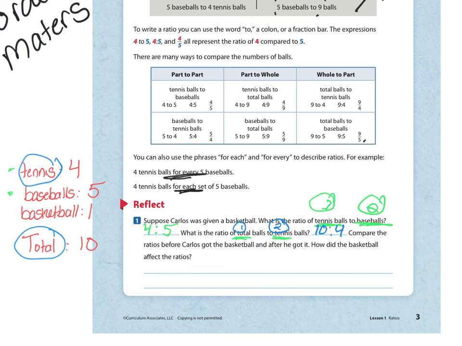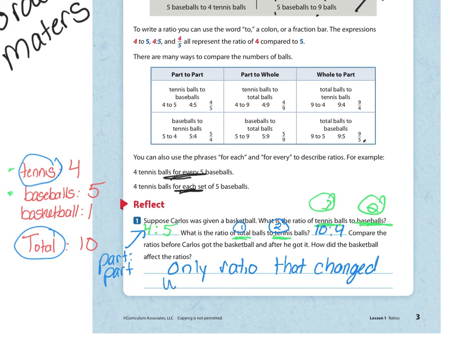Compare the ratios before Carlos got the basketball and after he got it. How did the basketball affect the ratio? Did it affect the part to part? Because this 4 to 5 is my part to part. That didn't change. The only ratio that changed was when we did part to whole, because what changed was the whole.